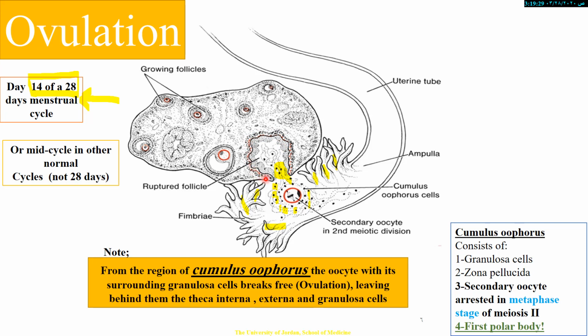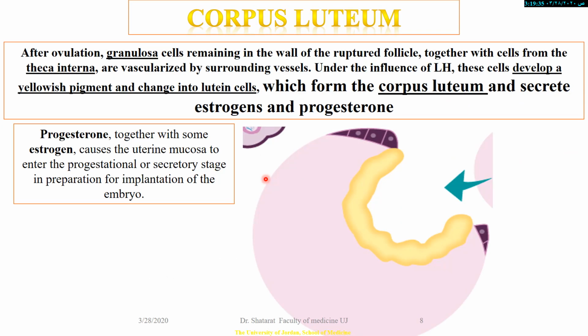All this has been left inside the ovary, and the question is why? After ovulation, the granulosa cells remaining in the wall of the ruptured follicle, together with cells from the theca interna, are vascularized. No wonder vascularized, it means they get blood supply.